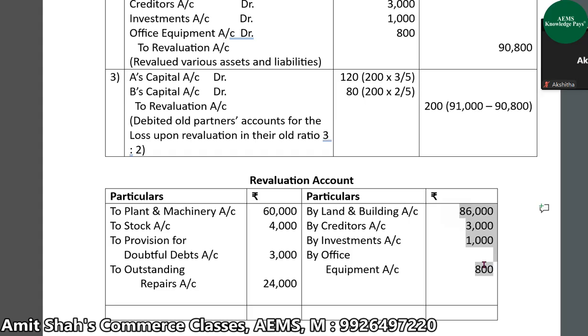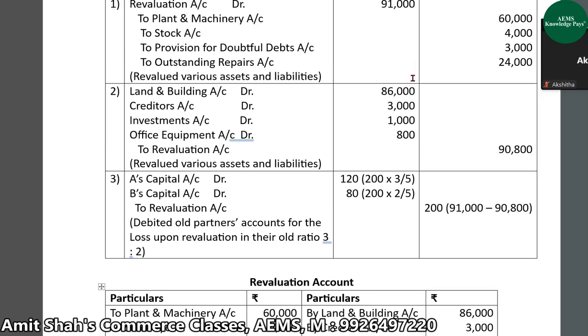Now we will do the total of both the sides, and whatsoever total is higher, that we write in the total columns here and here. The debit side here is more. The total of debit side is 67 and 24, that is 91,000, which we already calculated here.